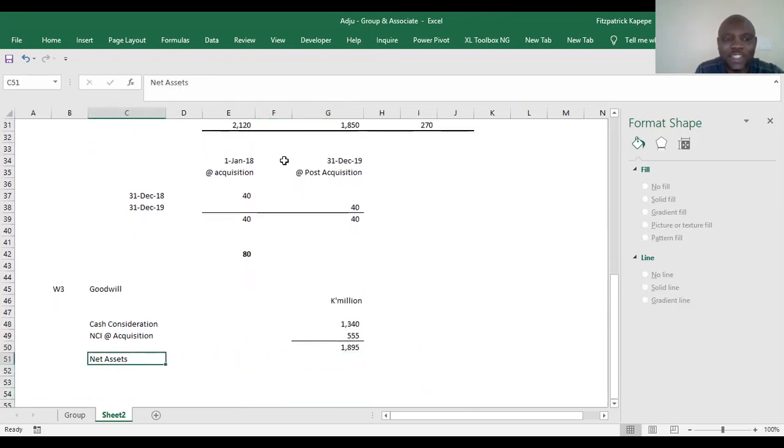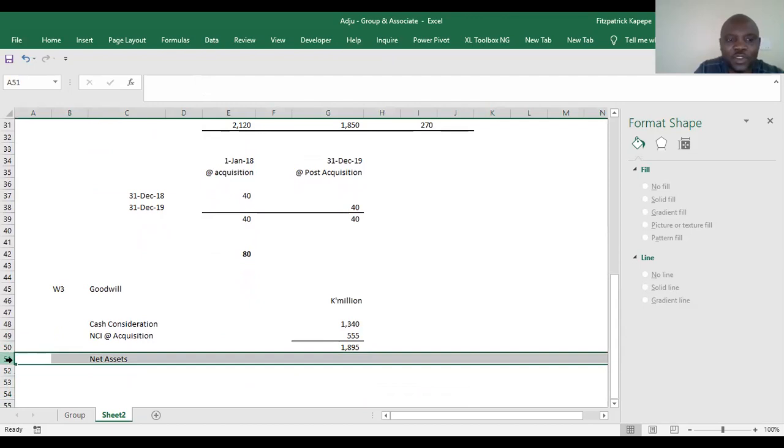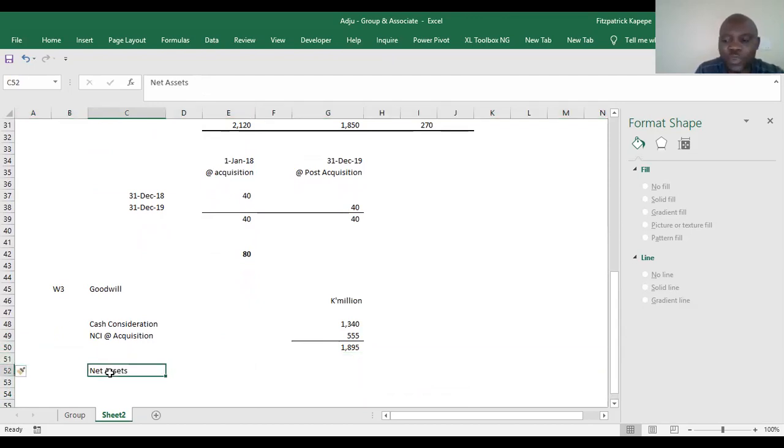Then now you have the net assets, the identifiable net assets, which you get from working 2. You get from here. Though I don't like putting negatives like that. I'd rather say less net assets.